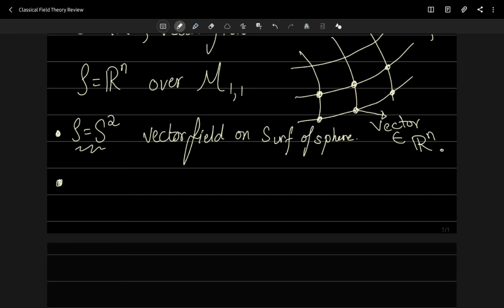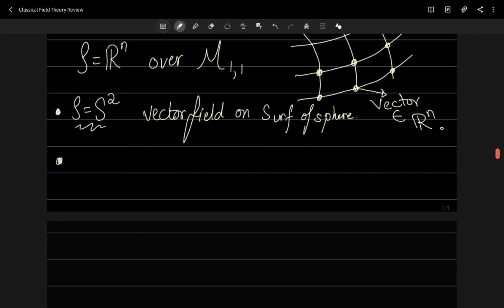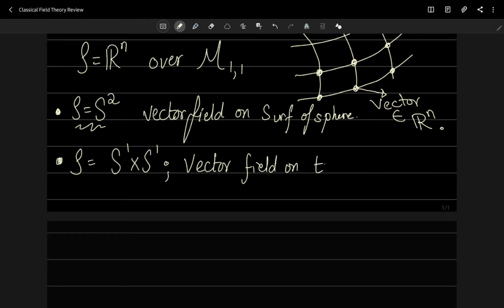Another one is when you have rho as S^1 cross S^1, and this is a vector field on a torus, so that's a shape.